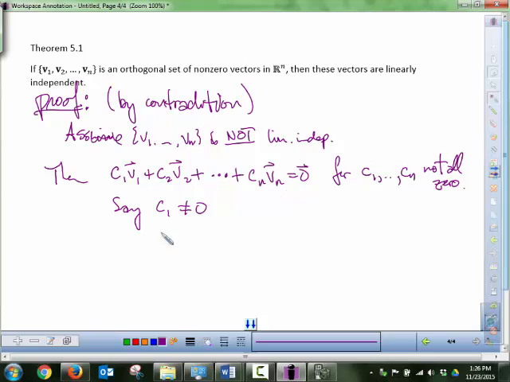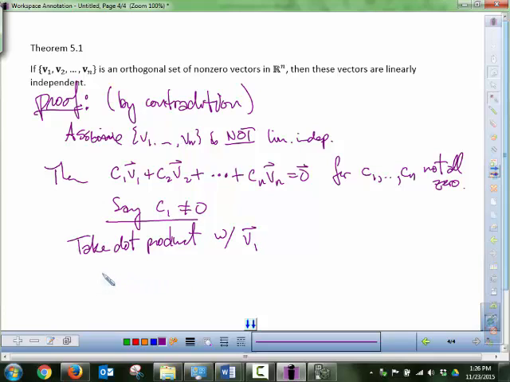But now I'm going to take the dot product. So assume that C1 is the non-zero number. And then let's take the dot product with V1 on both sides.